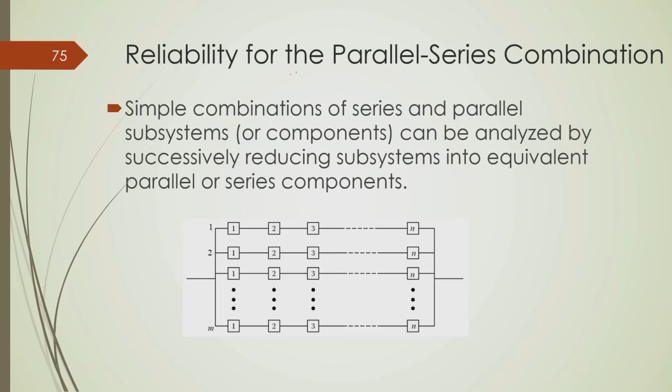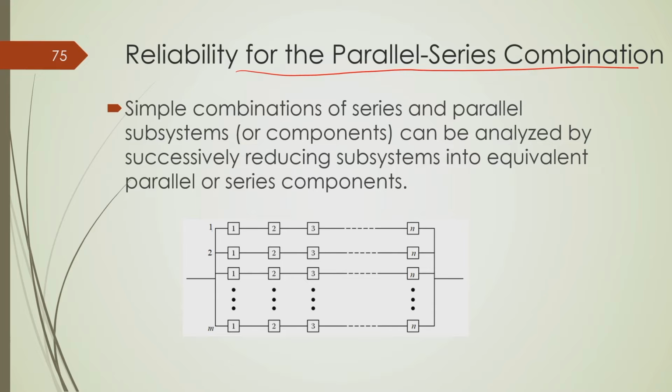Now, we will determine the reliability for parallel series combinations. As I said, in a practical power system, there may be several components, out of which some are connected in series and some are connected in parallel. So, this will make a series parallel combination.